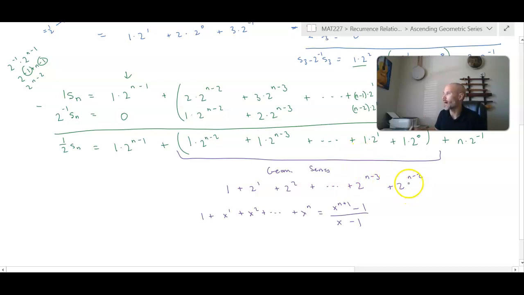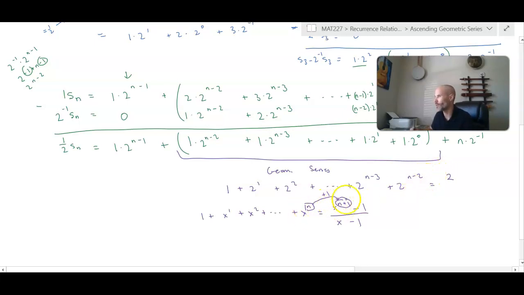Now for us, notice that ours goes up only to n minus 2. It doesn't go all the way up to n. But the pattern here is that whatever power this geometric series goes up to, this exponent right here is just going to be 1 unit bigger. That's it. So in our case, since this goes up to n minus 2, this will equal base, which is 2, to the n minus 2 plus 1.